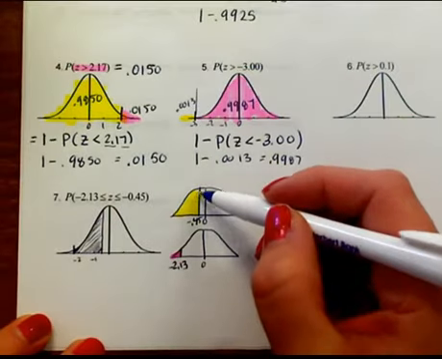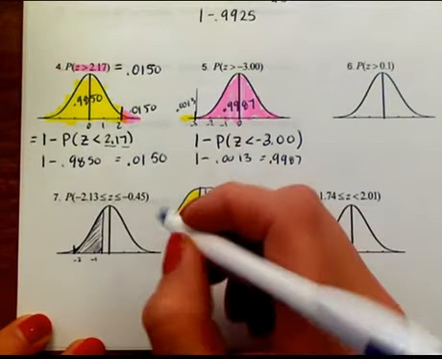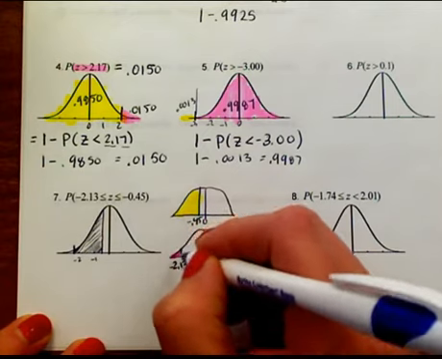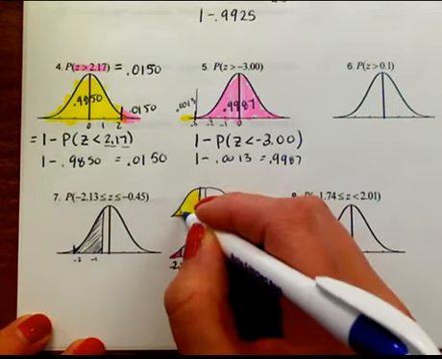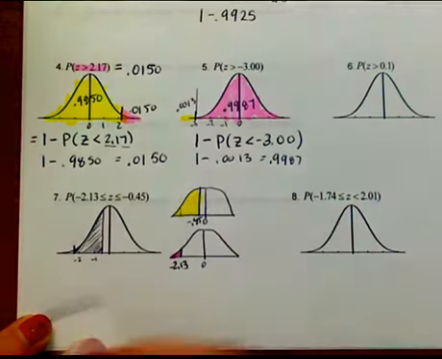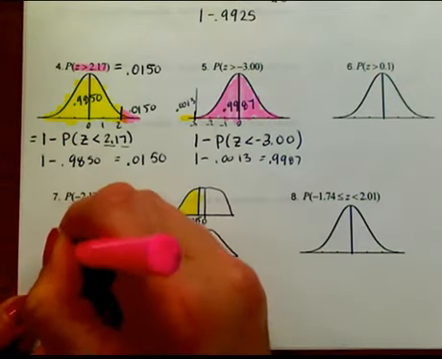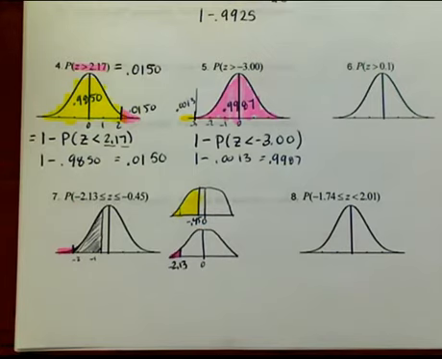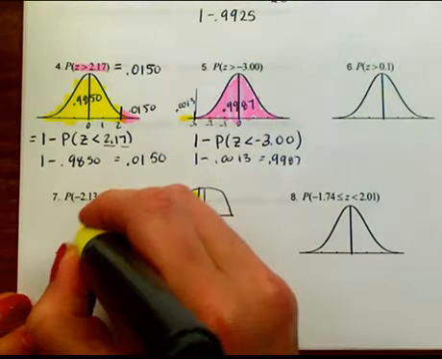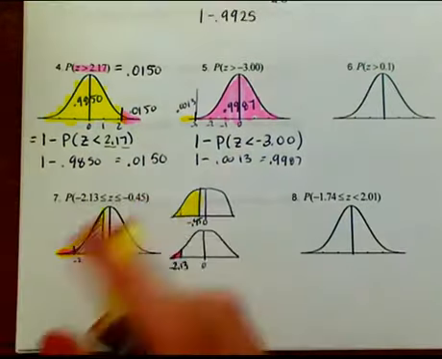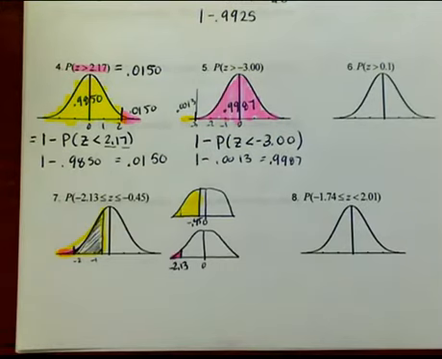Notice that if we take the yellow portion and we subtract the pink portion, we will be left with the in-between. Here's the pink portion. Here's the yellow portion. Yellow minus the pink will leave us with that area right here.